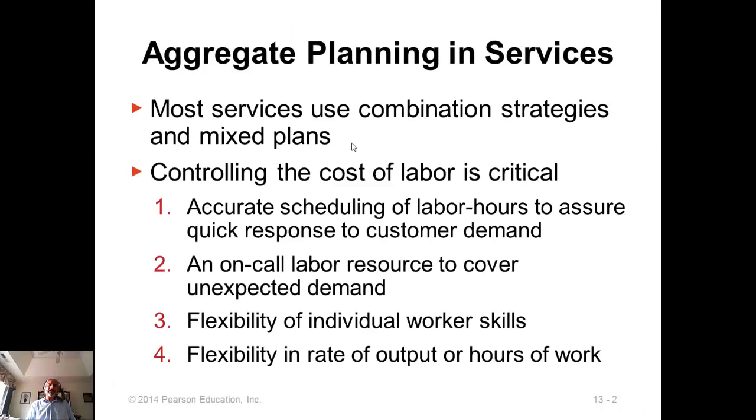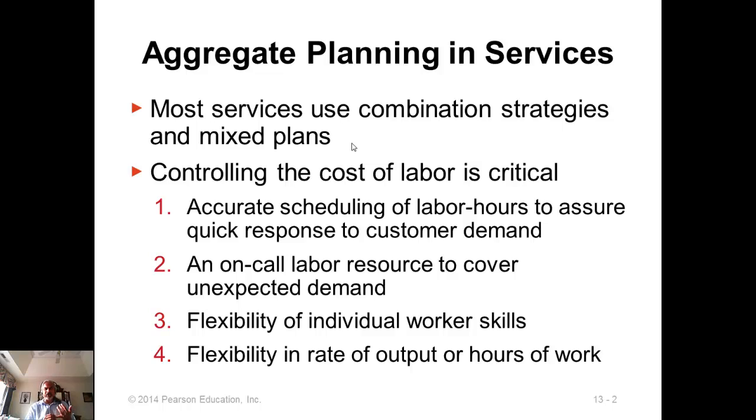Now, aggregate planning in services, there are a couple of things that we have to remember. In services, inventory is not going to be part of the planning situation because there is no inventory involved in services. So the most important aspect, capacity in services, is labor. So you have the labor, controlling cost of labor is the most critical aspect of aggregate planning in services.